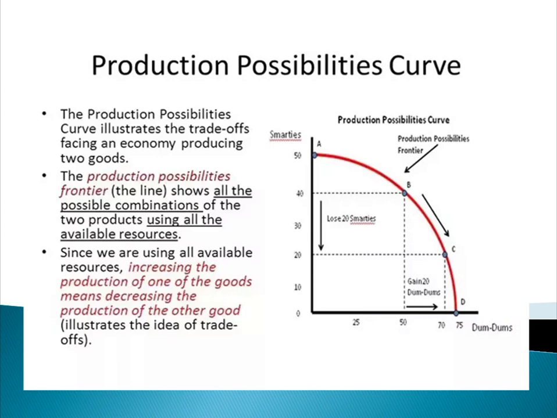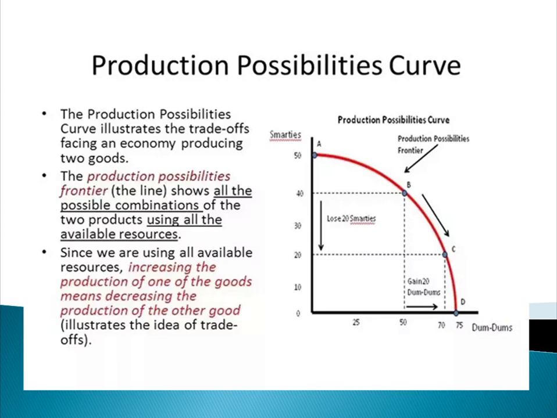So when an economy is producing two goods and wants the maximum output using all the available resources, what if a country needs to increase the production of one good?